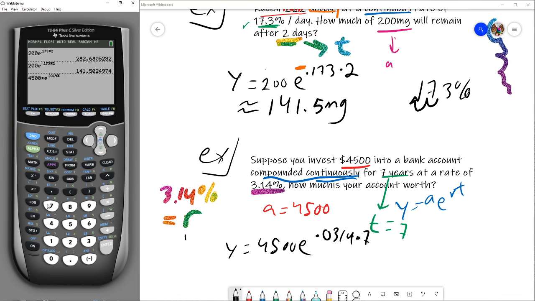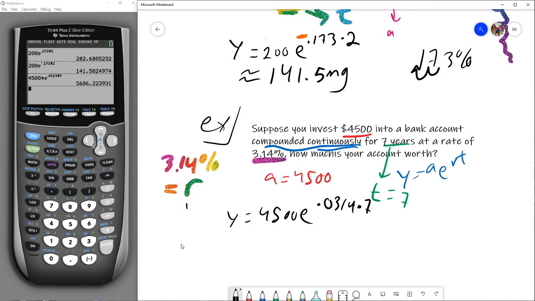So we made $1,100. Y will equal $5,606 and 22 cents. Boom.